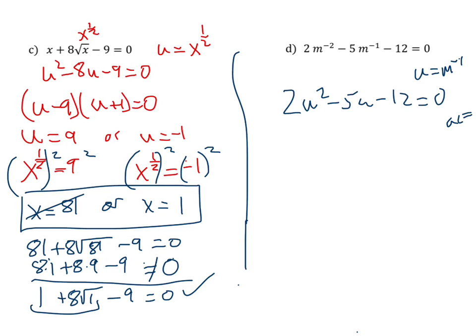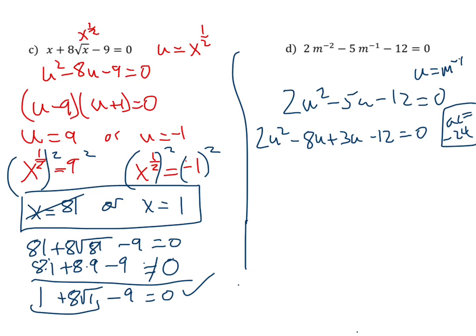AC is 2 times -12, which is -24. So we have 2u squared. We need to take that middle term and break it up into 2 things that add to -5 and multiply to -24. I'm thinking that -8 and +3 work nicely for that.